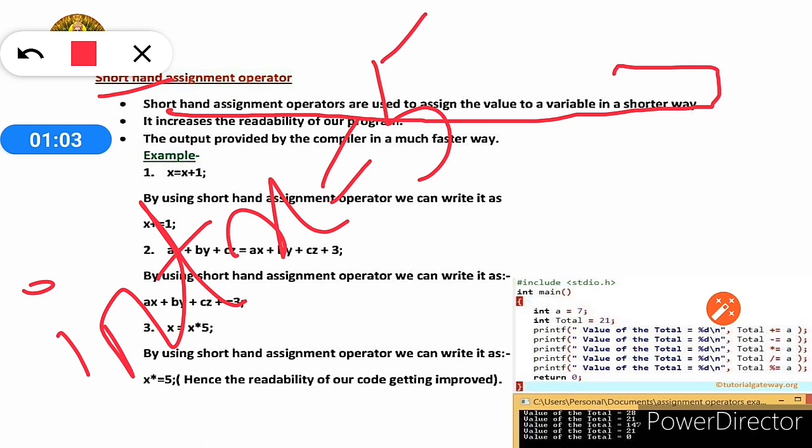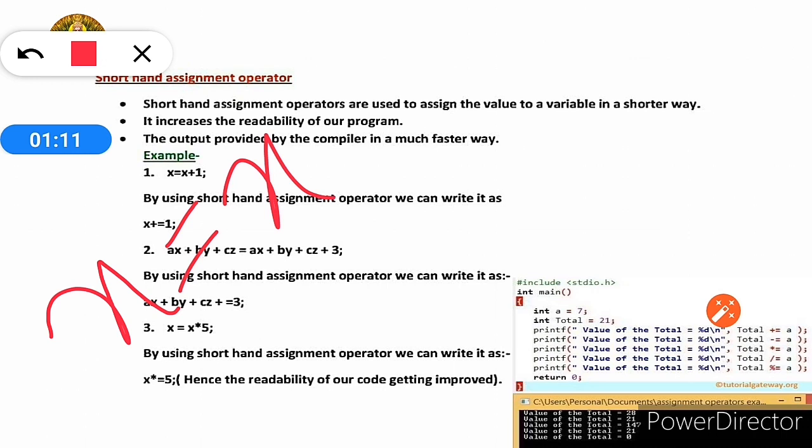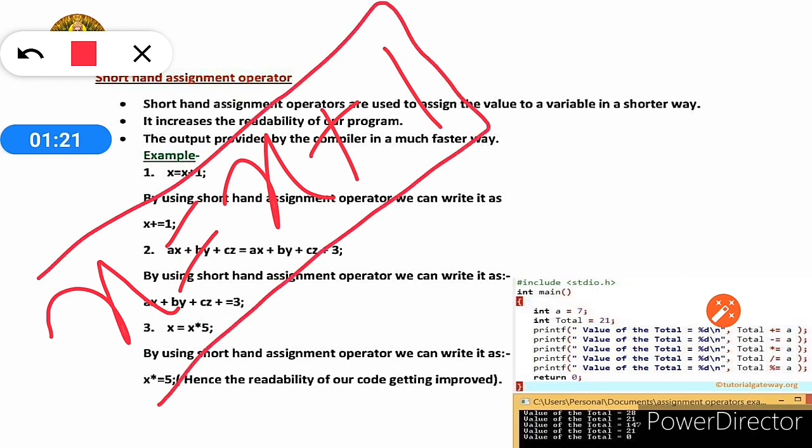After writing int x equals 5, suppose we write x equal to x plus 1. So we are incrementing the value of x by 1. Isn't it that writing x equals x plus 1 will waste the time of the programmer?